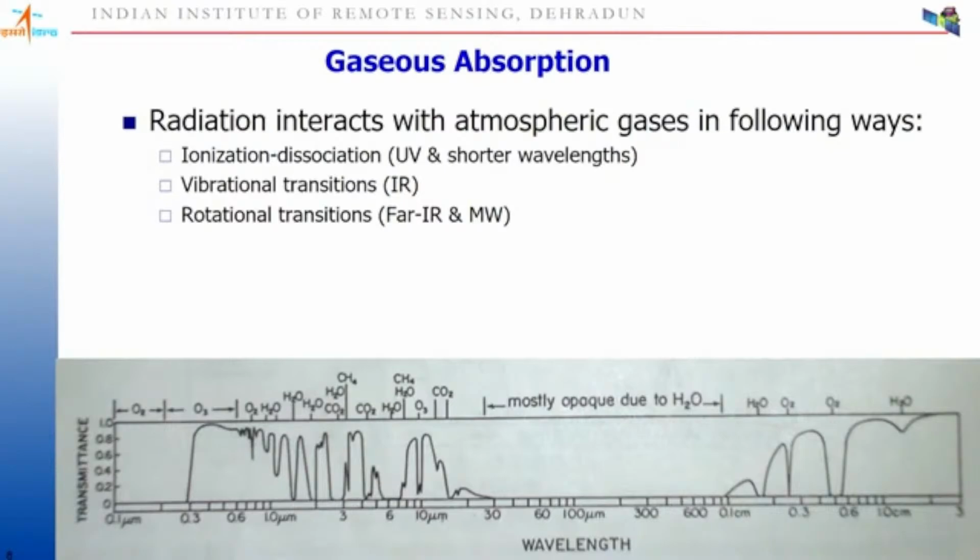So you see that here the different atmospheric gases are written: ozone, water vapor, oxygen, methane. All these have absorption in specific wavelengths, because the electromagnetic radiations interact with the atmosphere at certain frequencies or wavelengths.